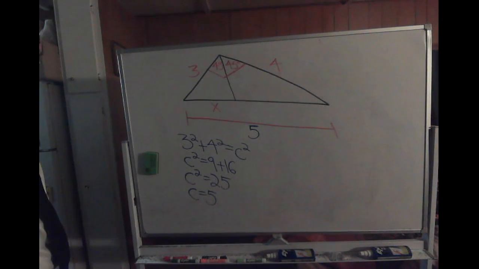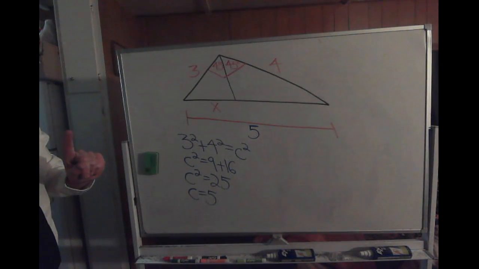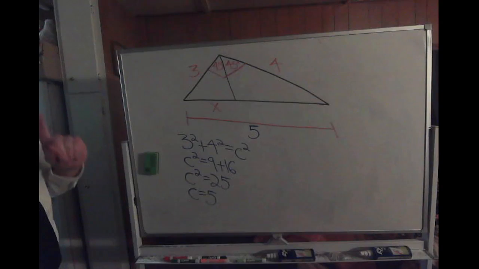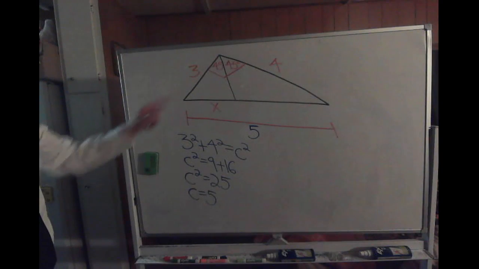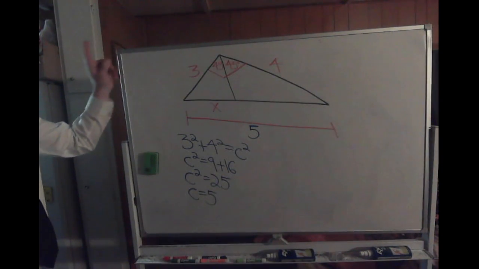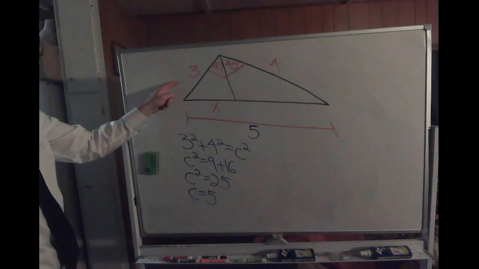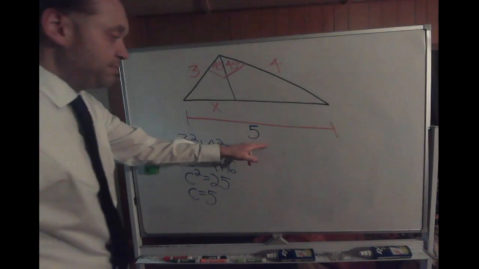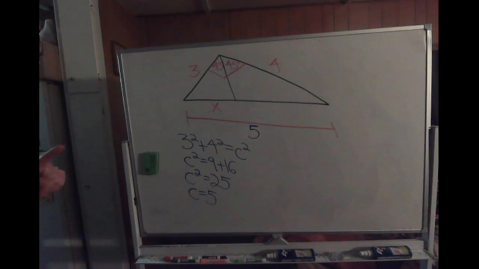If the altitude is drawn to the hypotenuse of a right triangle, so remember this, the leg is the geometric mean between the length of the whole hypotenuse and the segment of the hypotenuse which it touches. So yesterday's coming back a bit.